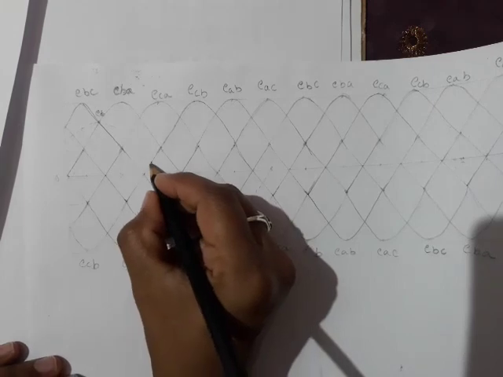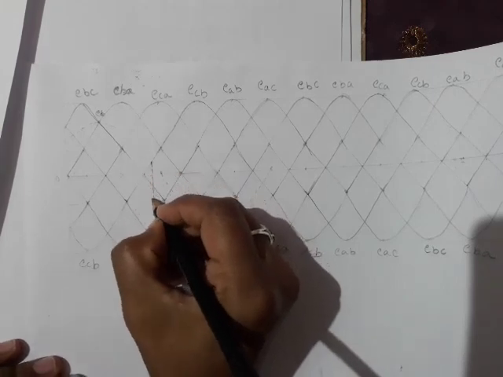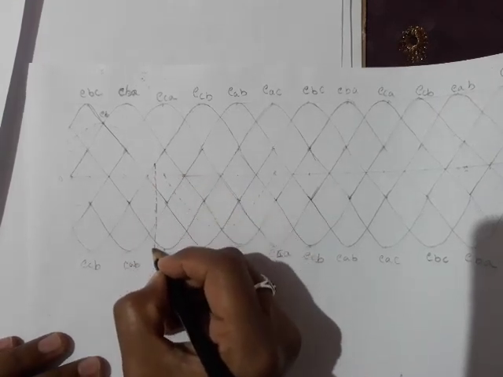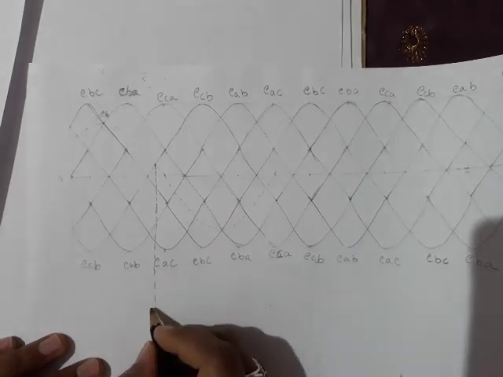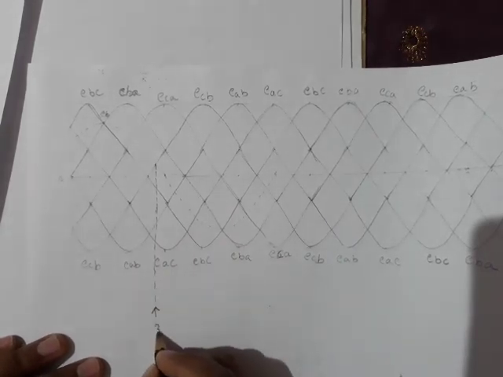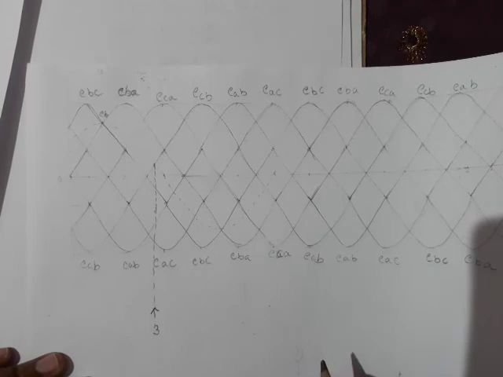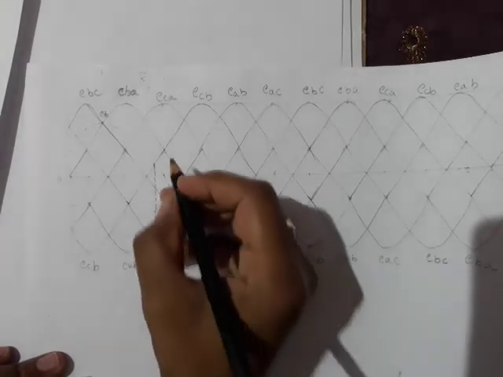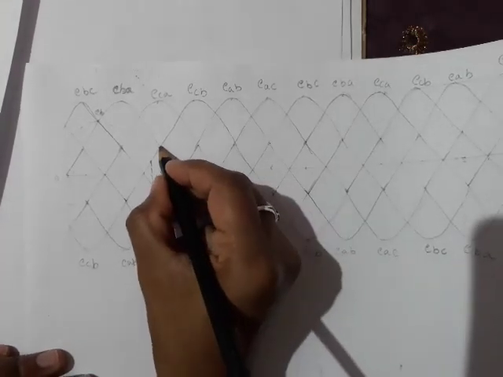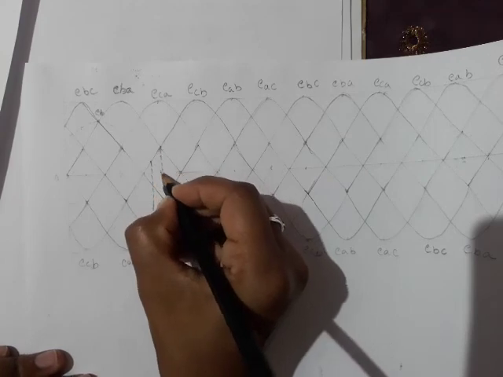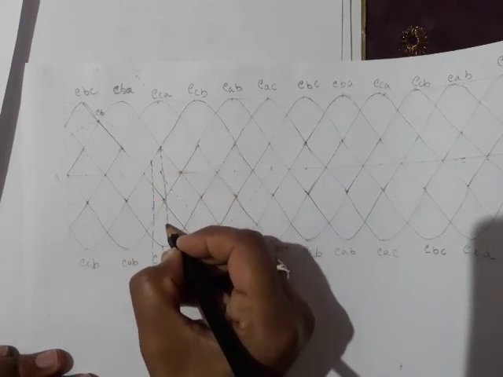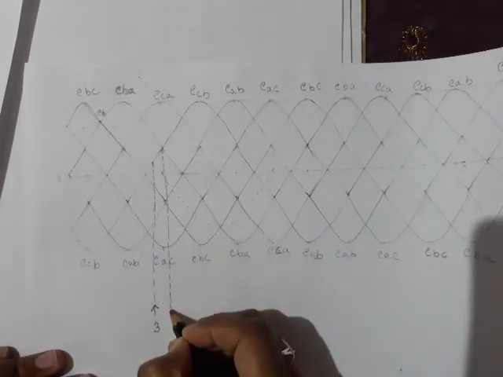So this is my alpha, calculated from 0. Here I make valve number 3 come into conduction. It will have some overlap angle, and the overlap angle should not exceed delta.